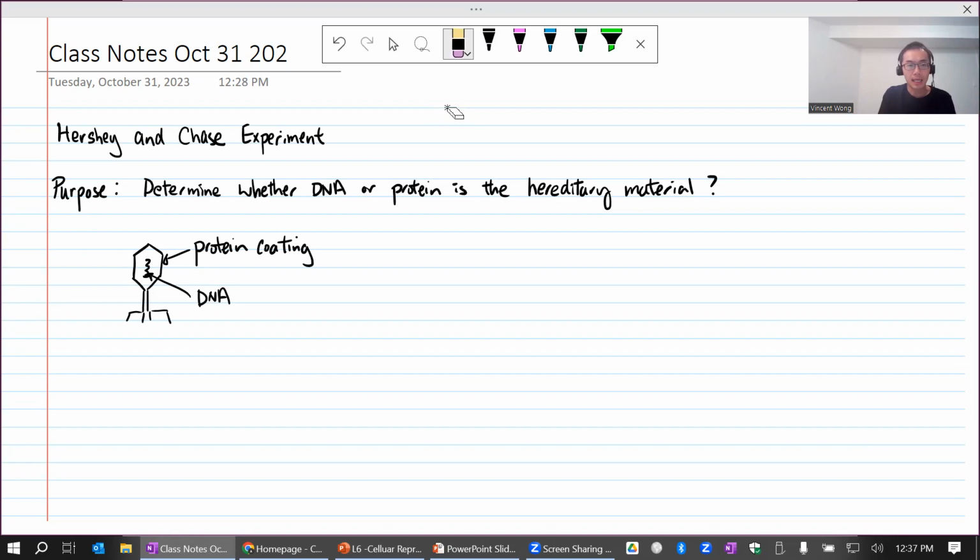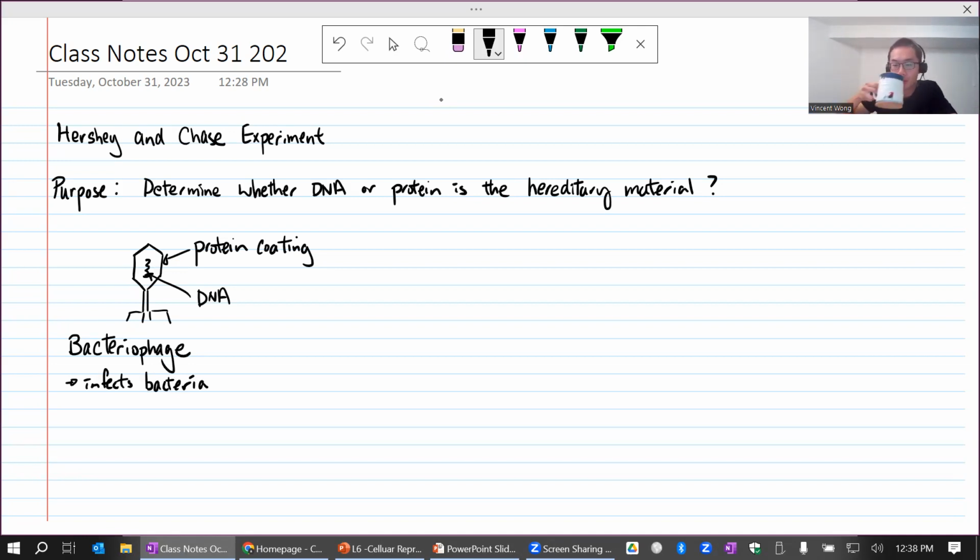And this virus is called a bacteriophage. Bacteriophage. They basically infect bacteria.